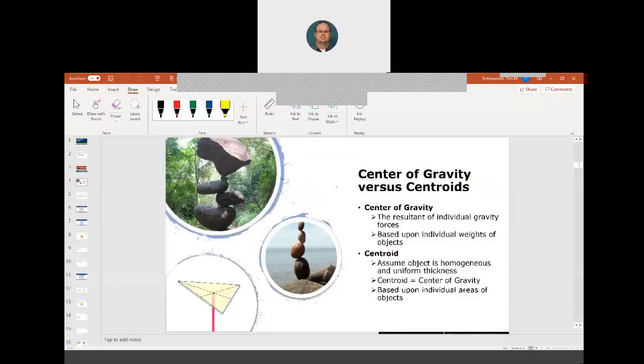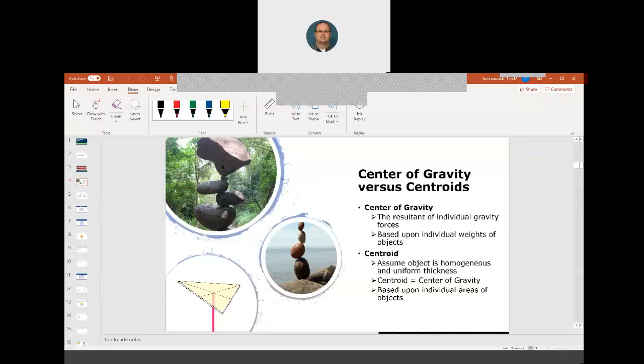All right, so center of gravity versus centroids. Center of gravity is the resultant of individual gravity forces based upon individual weights of objects. If you look over here, we have rocks.